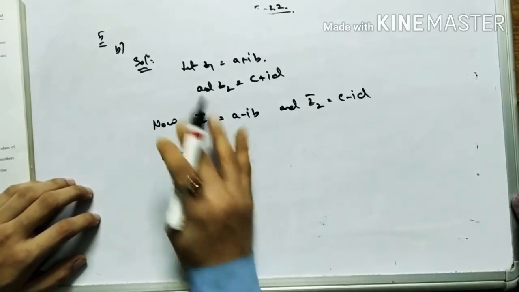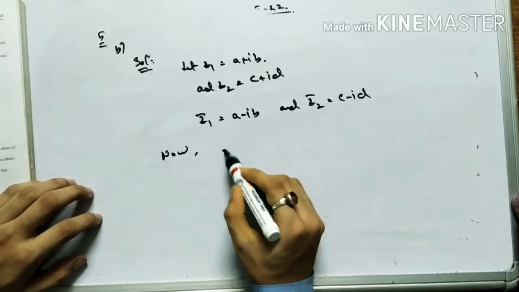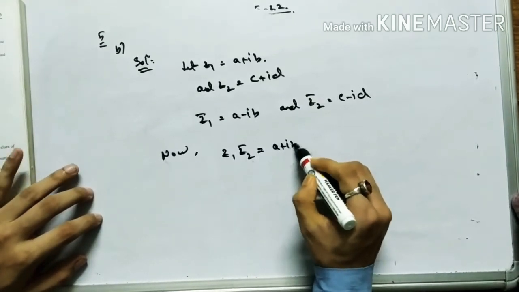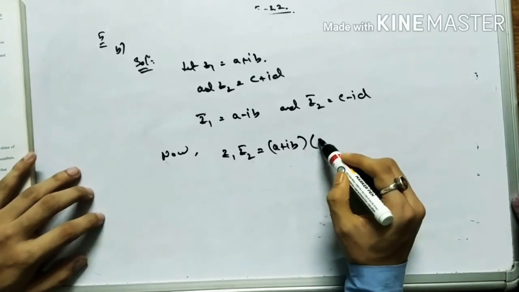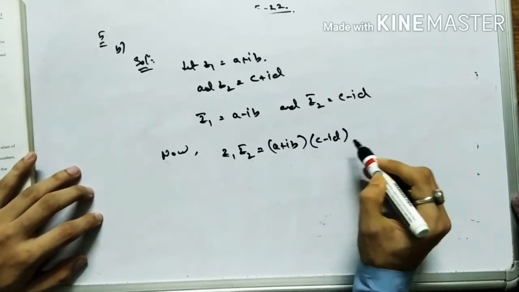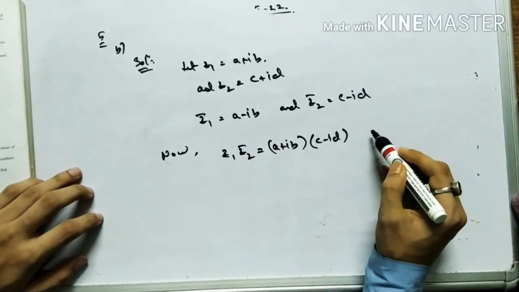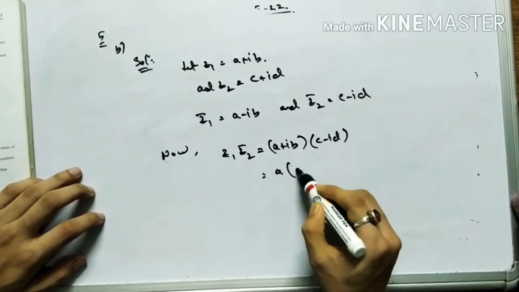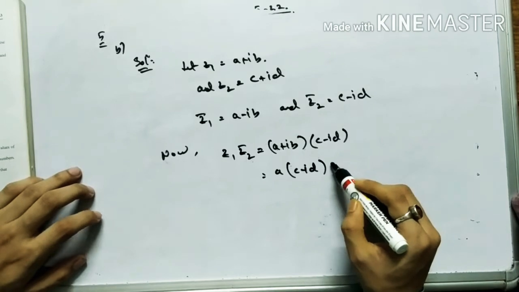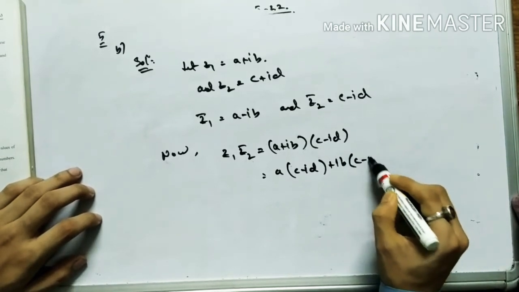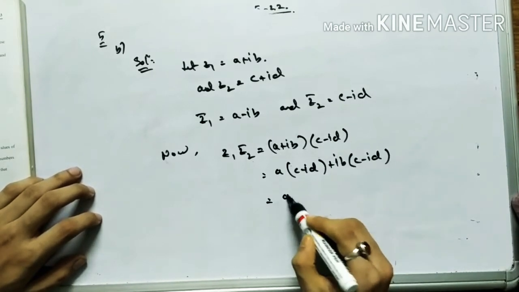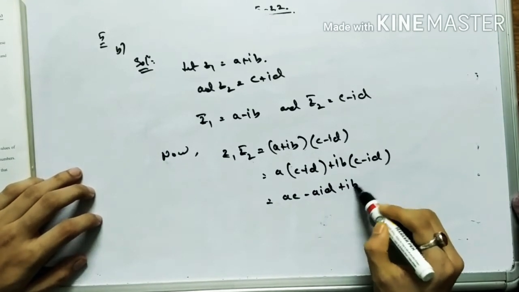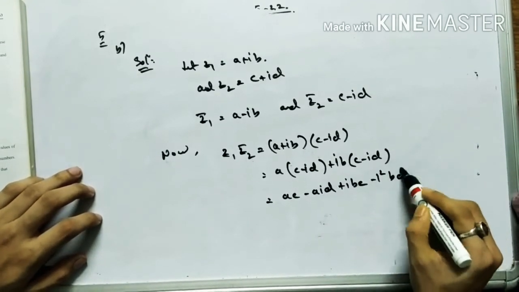Now Z1 into Z2 bar will give me (a plus ib) into (c minus id). If I solve it, a(c minus id) plus ib(c minus id). So this is ac minus aid plus ibc minus i square bd.